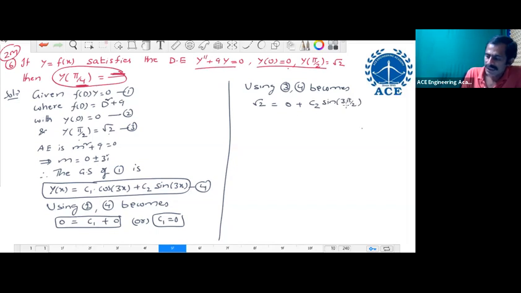Sin 3 pi by 2 is minus 1, so root 2 equals minus c2. Therefore, c2 equal to minus root 2. Now we know the c1, c2 values. If we substitute c1, c2 in equation 4, we get the particular solution.